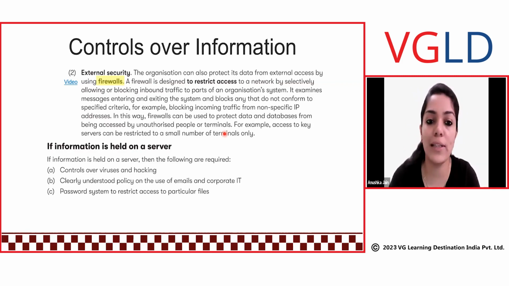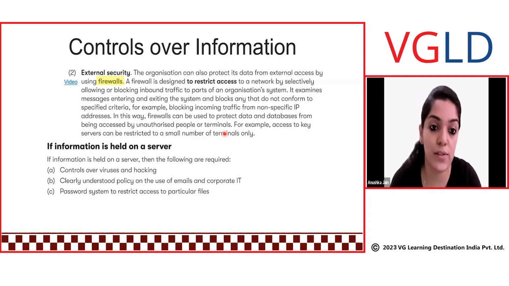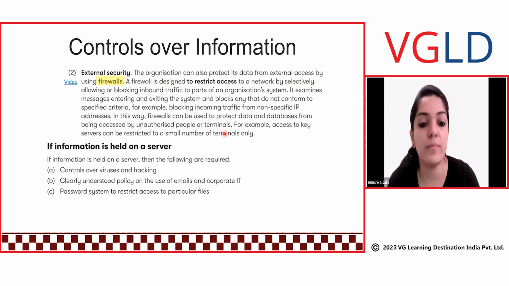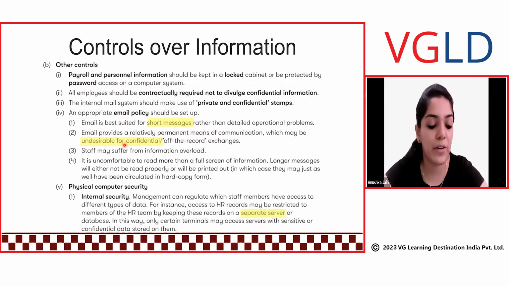You will not allow all the people to access all the information. You will restrict it as per their use. Okay, so that is external security, how a company protects itself from external sources of theft and insecurity. That is about internal and external security, and we were primarily talking about the other controls.